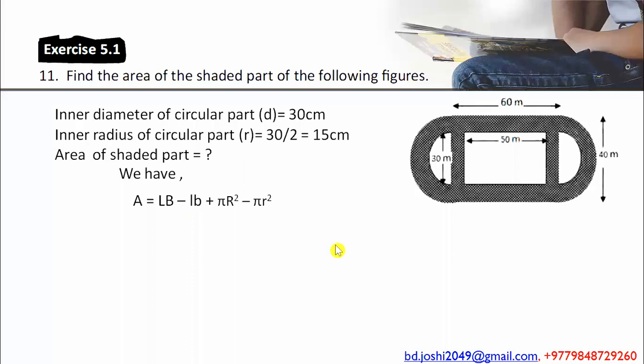So now put values here. Capital L is 60, into 40, which is capital B. LB for the inner rectangle, 50 into 30. Pi R square for the outer circle, 22 by 7 into 20 square. For the inner circle, 22 by 7 into 15 square. Now do the calculation for these. Find out their values.